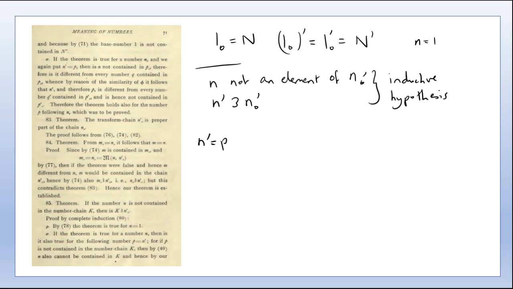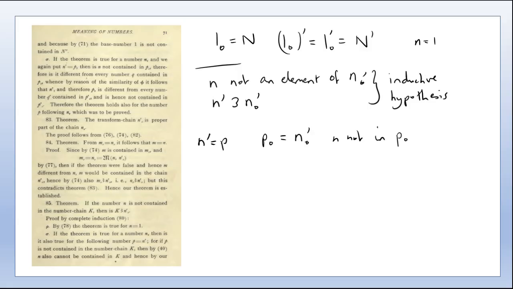So n is not contained in p naught because p is equal to n primed, p naught is equal to n naught primed, and by inductive hypothesis, therefore n is not in n naught primed, so therefore n is not in the chain of p.